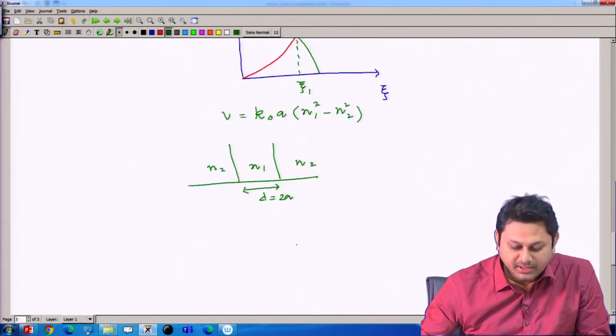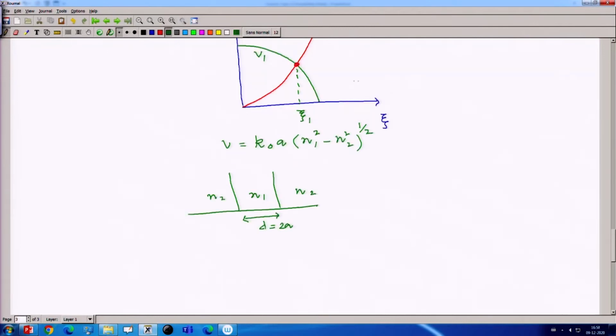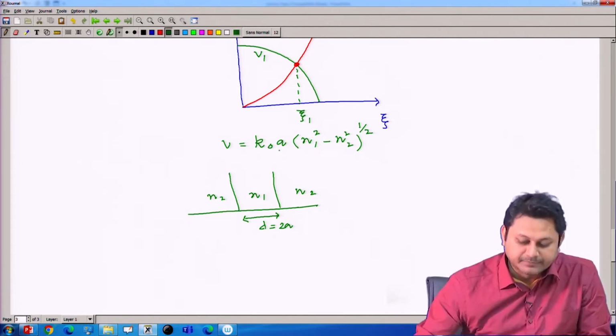I define V as k0 multiplied by a into (n1 square minus n2 square) to the power half. So, I can change the value of V by changing either n1, n2 or the value of a. These are the three geometric parameters inside V, through which I can change it.